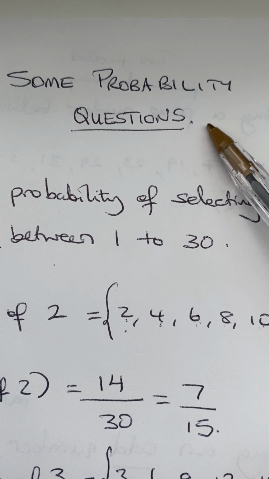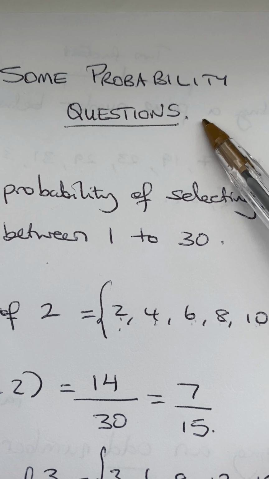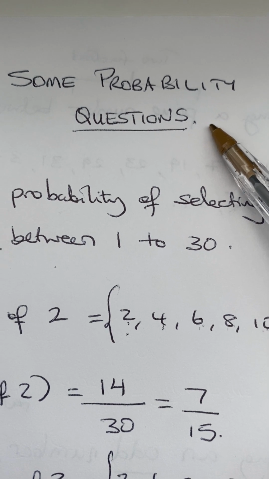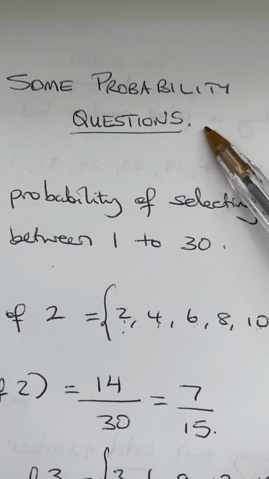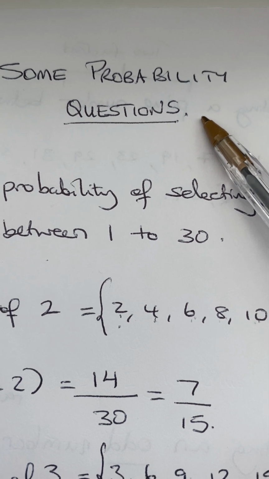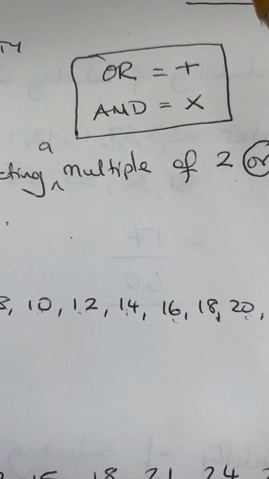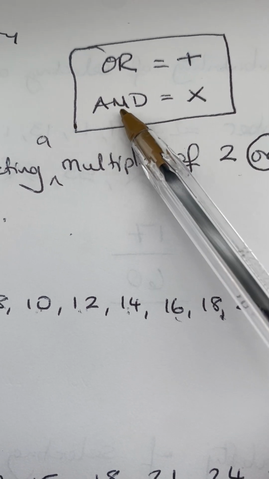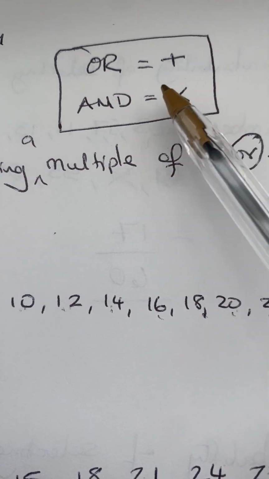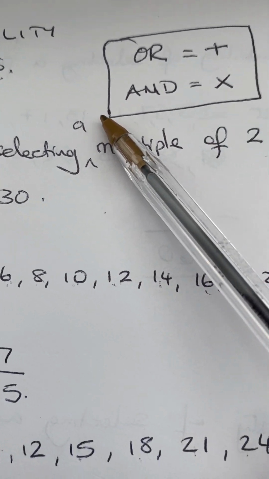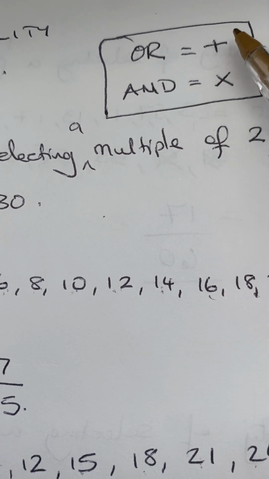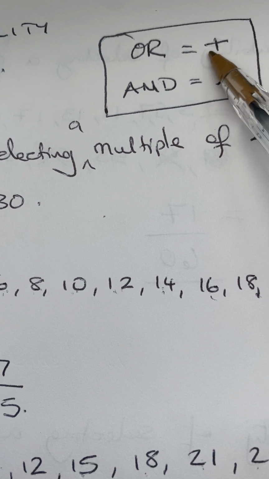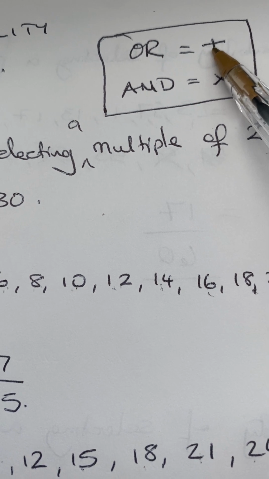Those examples, we look at it. We've done 2 videos on that, okay? Today I want us to look at some questions, okay? I will explain to you what I mean by or is add and and is times. When you are reading a probability question and you see or, you should be thinking about addition.